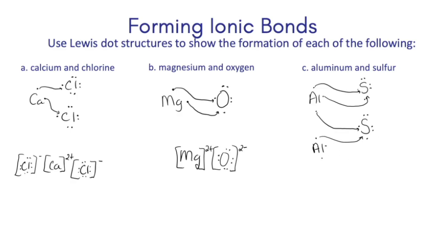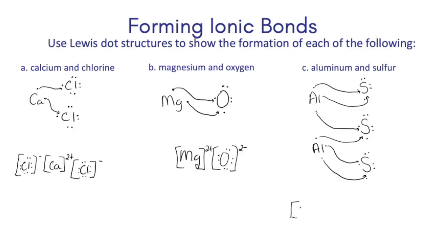Now that this sulfur is happy, this aluminum is not, so we're going to add another sulfur. In this case, this electron can transfer here and this electron here. So now we have both aluminums with all electrons transferred to a sulfur and sulfur with each of its empty spaces filled with an electron from aluminum.